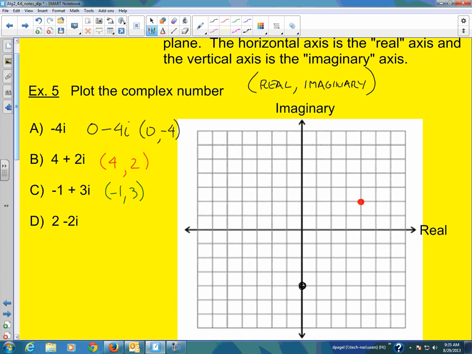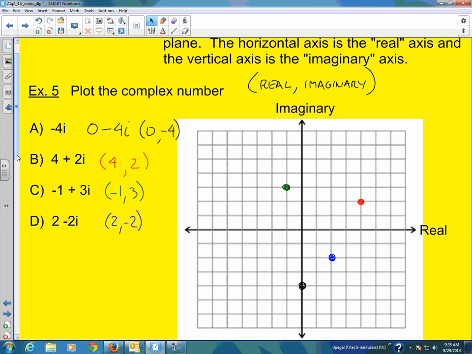Go left on the real, and go up 3. And then on D, 2 in the real, negative 2 in the imaginary, and we end up right there. So that's plotting our complex numbers.